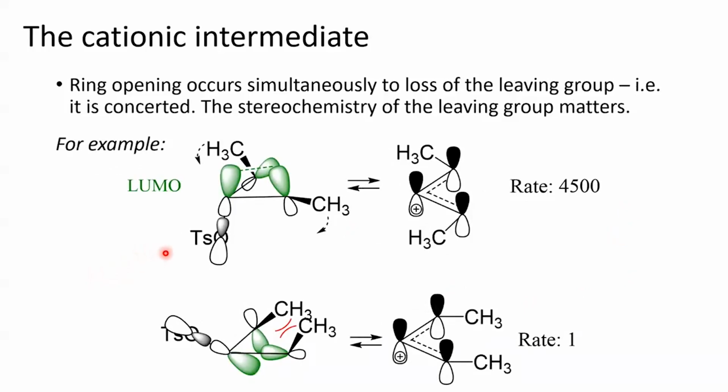To do so, we need to draw out the orbitals for the lowest unoccupied molecular orbital of the leaving group. So essentially, this is the electron configuration as this bond is breaking, releasing the leaving group. And we can see this big lobe of electron density positioned on the opposite side to where the leaving group is situated.